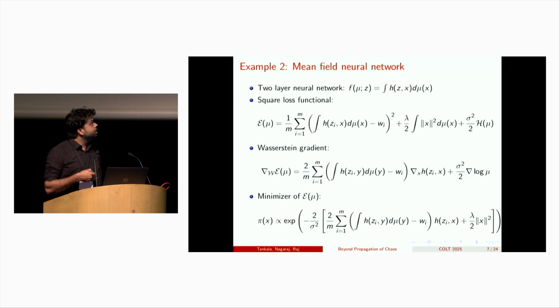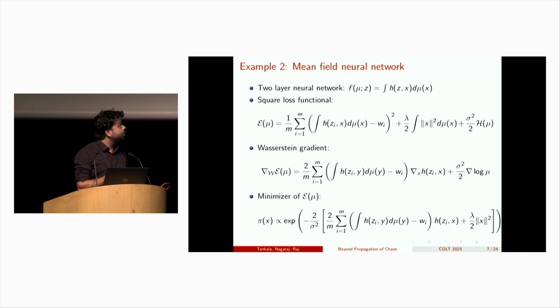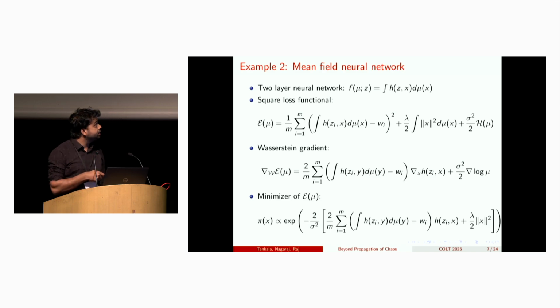Another example is the mean field neural network, where again we have some interaction between the particles. You can see in the gradient, here this is mu, and here again x is from mu. So it's easy to implement, but it's not easy to keep track of the biases introduced because of this correlation.